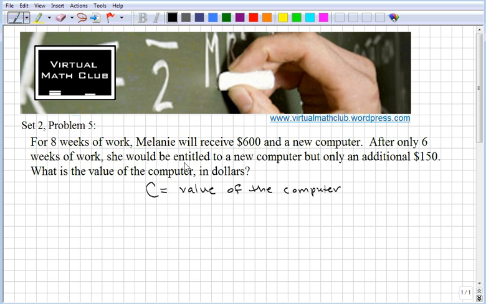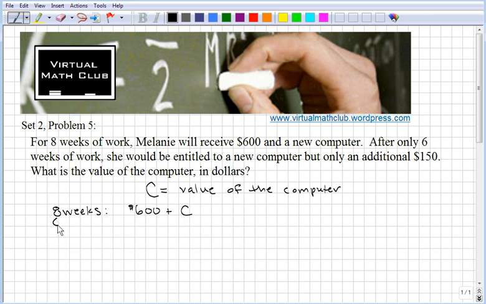Let's just do that. Okay, so I'm just going to list out what we know. For 8 weeks, she would get $600 plus a computer. Okay?